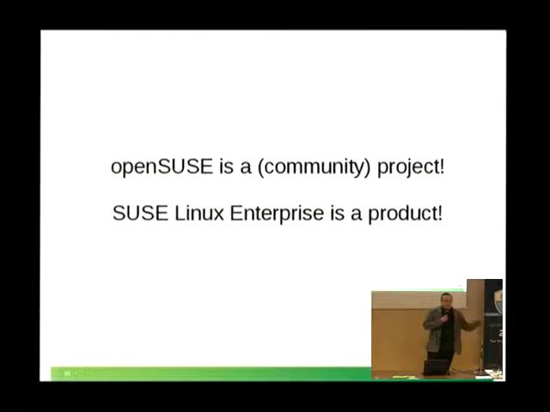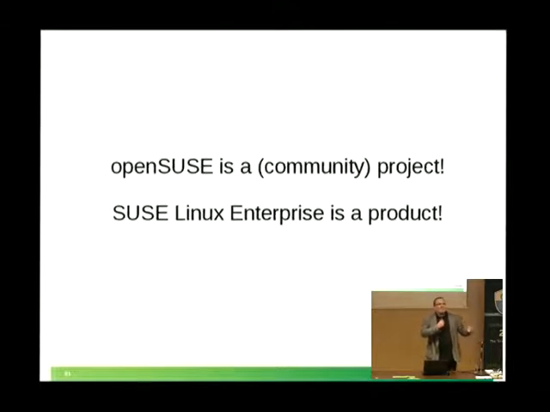But one thing is very important, and that is that openSUSE is a project, and SUSE Linux Enterprise is a product. So while we have something in common, there are a lot of differences, but you really can't compare the two in a good way, because we have the community project where the community can basically do what they want. Now, the community contains a lot of SUSE employees, and SUSE is paying a lot of people to work in the openSUSE community.